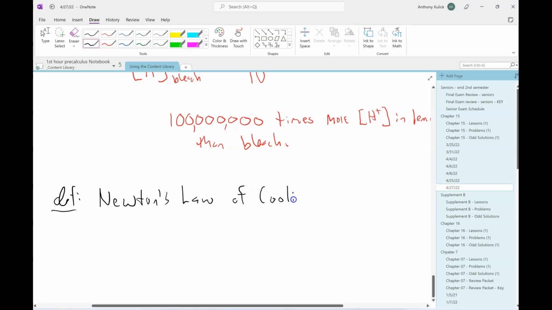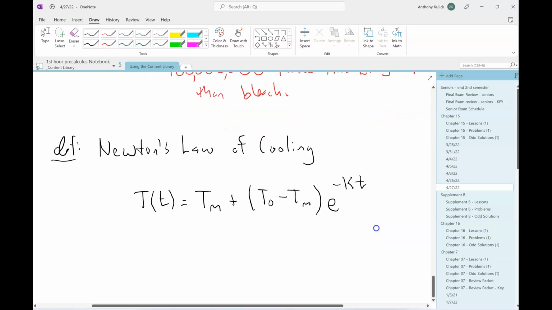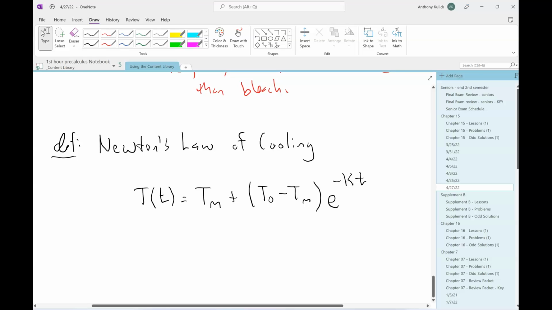That's called Newton's law of cooling. What this model is describing is if you take a hot item and you place it in a cool room, how is the temperature of that hot item cooling down over time?